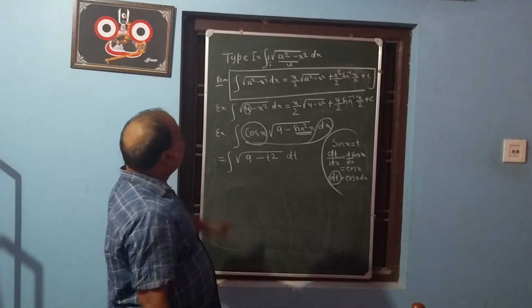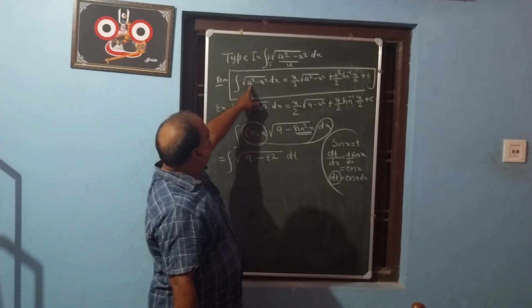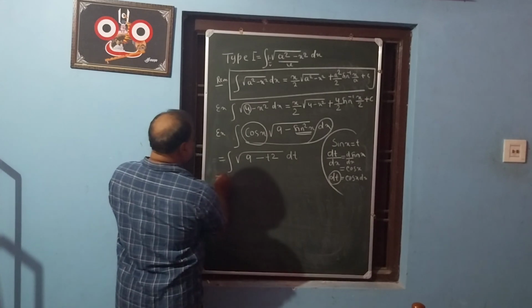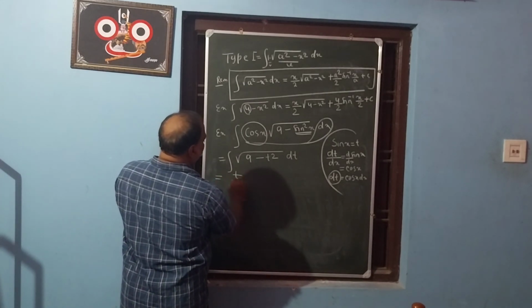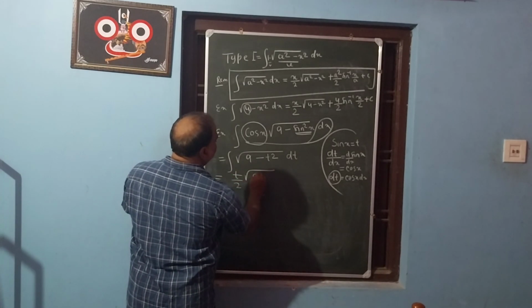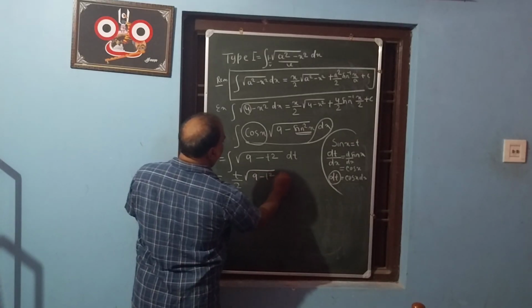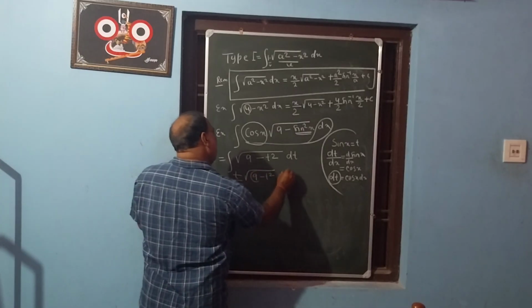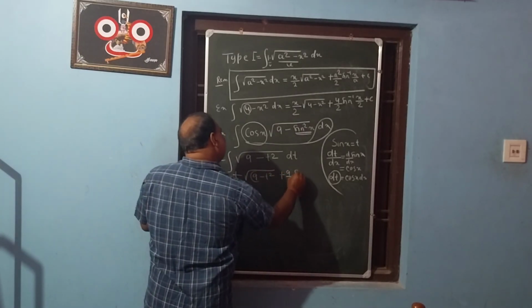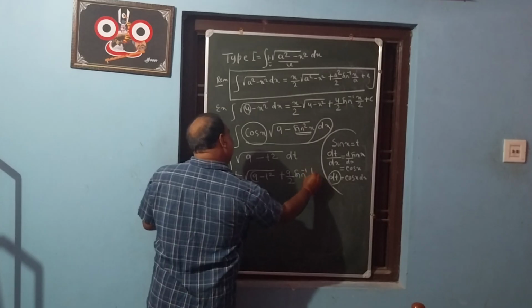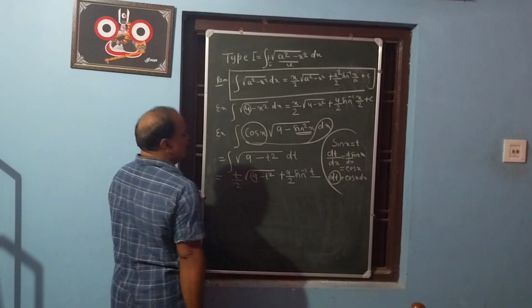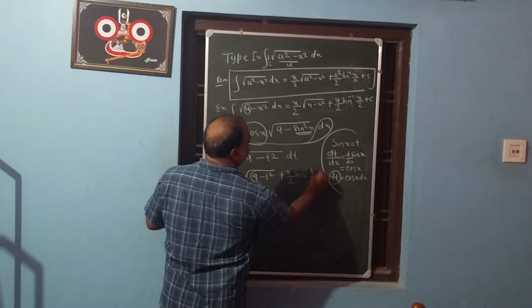Now applying this formula, in place of a square, it is 9. So it is t by 2 root over 9 minus t square plus a square by 2, means 9 by 2 sine inverse t by a, it is 3, plus c.